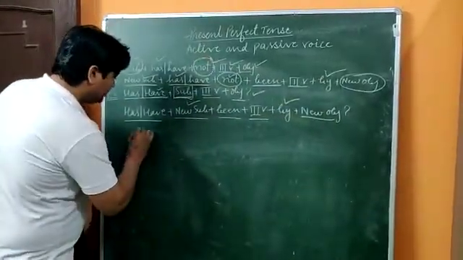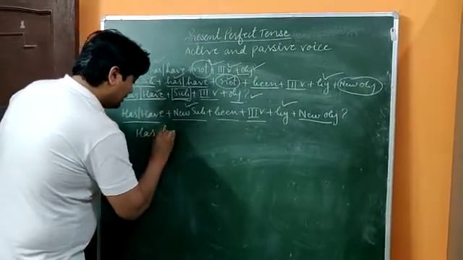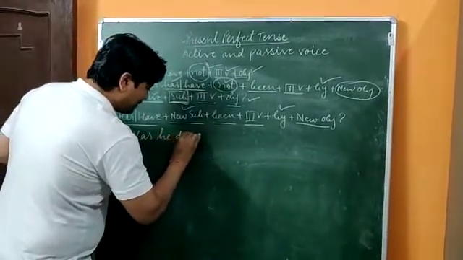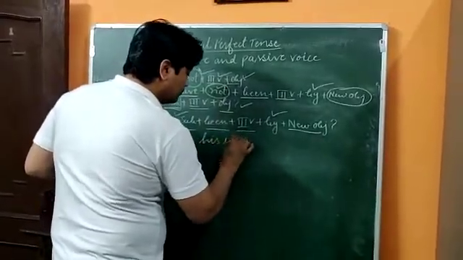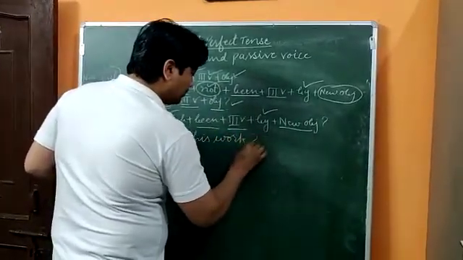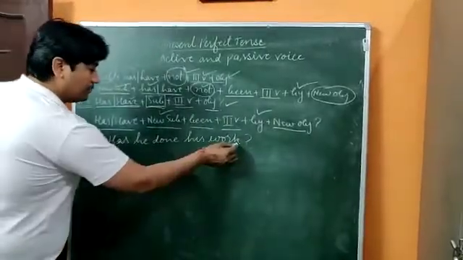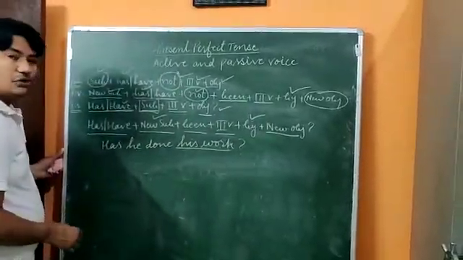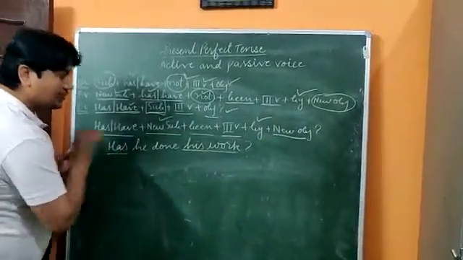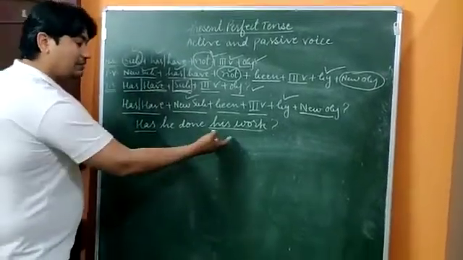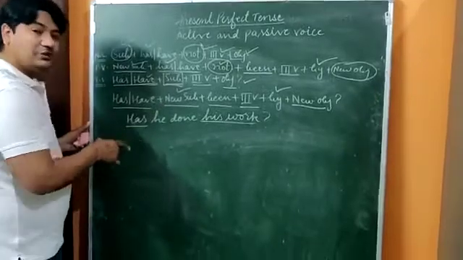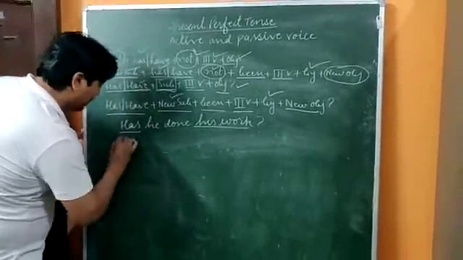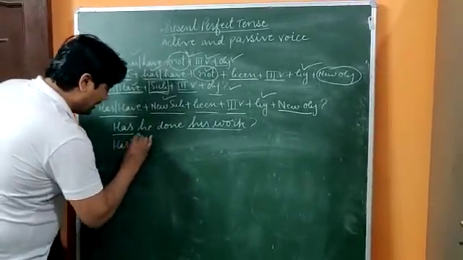For example, has he done his work? Mark of interrogation. Now his work is object here, but it is interrogative sentence. So when we shall make it subject, according to that we are to use has or have. So what will come? Has.